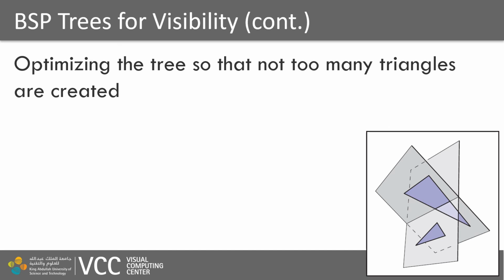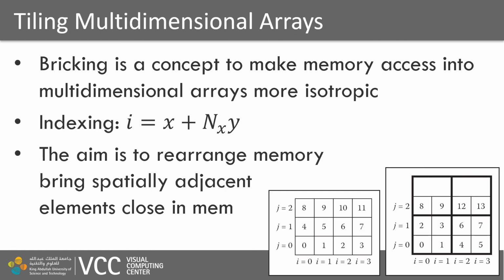Our last focus of data structures for graphics will be for tiling multidimensional arrays. Two-dimensional images or volumetric datasets are both good examples of multidimensional arrays of values which we would need to deal with quite often, whether we are using it for texturing or for solid texturing or for other purposes.